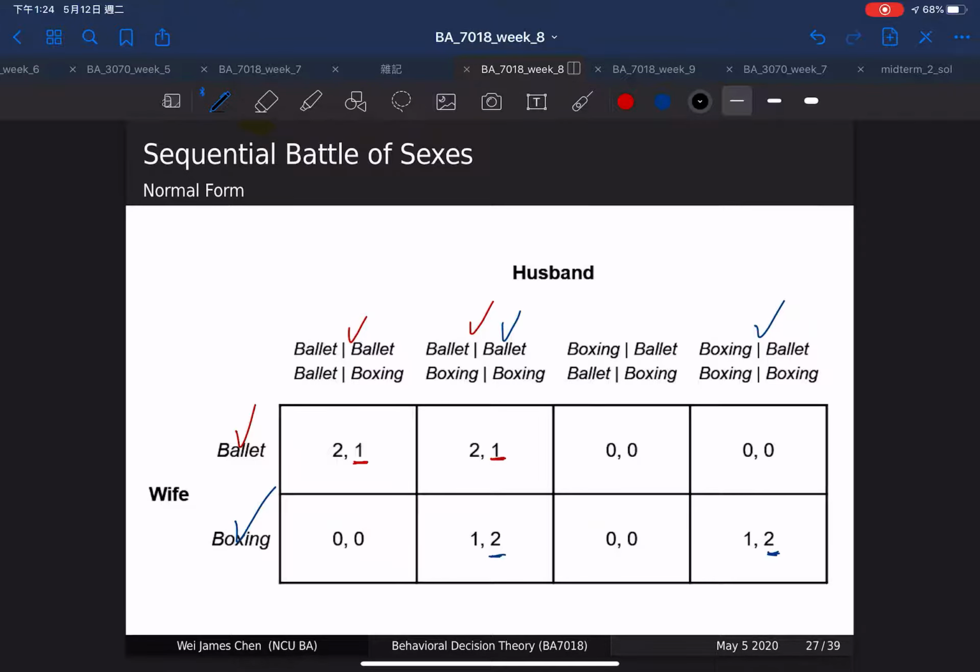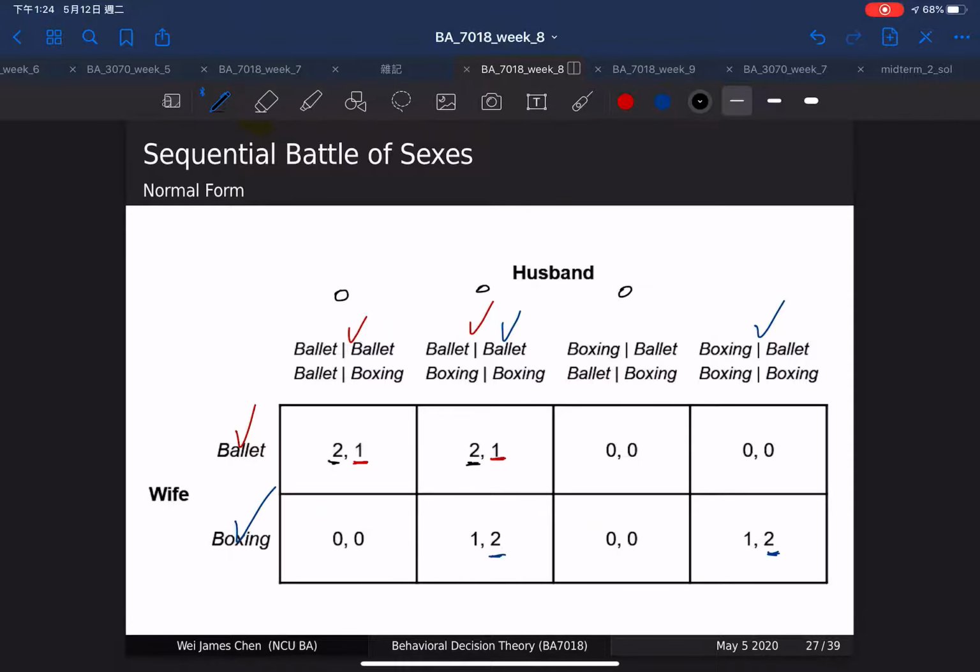Now I go to the husband. If the husband chooses this strategy, the wife's best response is ballet, right? So I underline the 2 here. If the husband chooses this one, the wife's best response is still ballet, so I underline the 2 here.